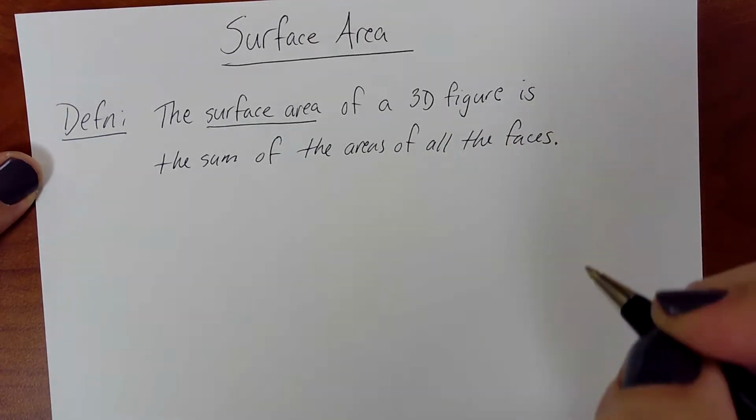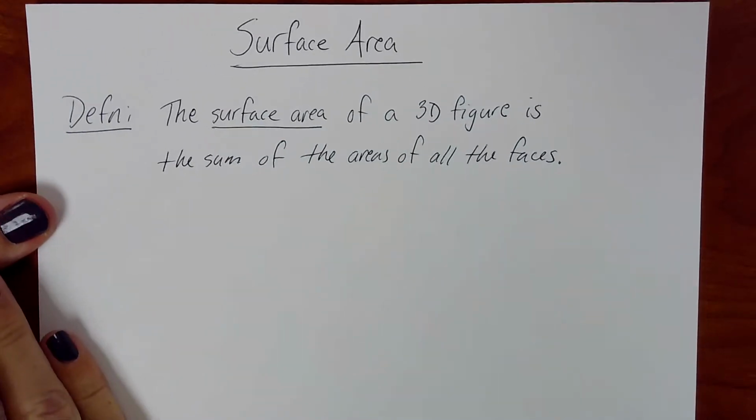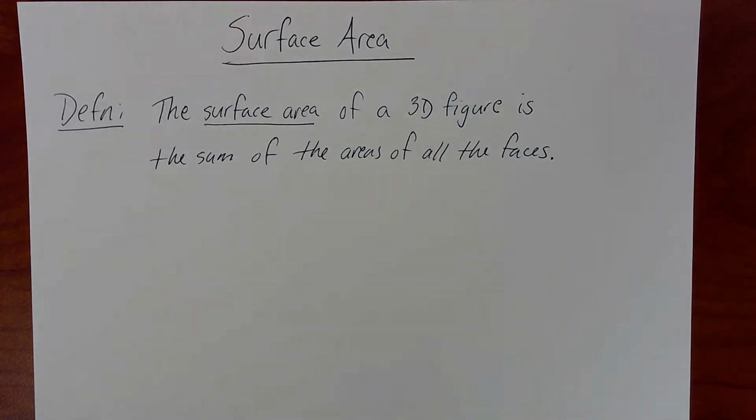So you have to add up the area of all the faces. So basically it's about being organized, making sure you don't miss one of the sides, and go from there.